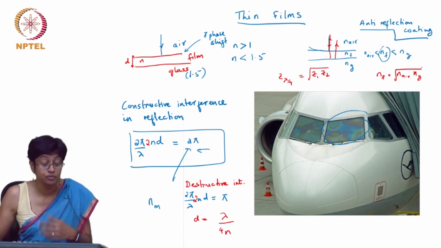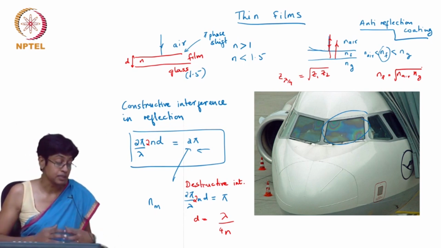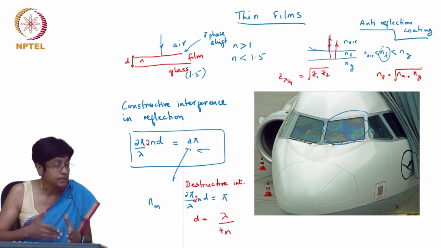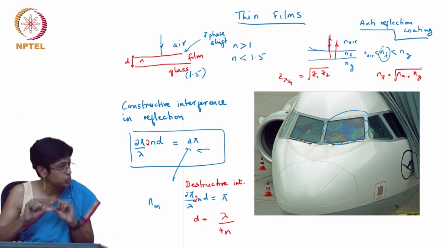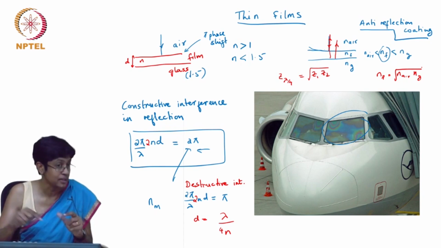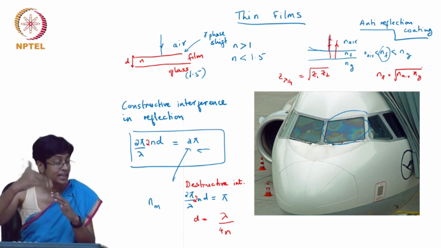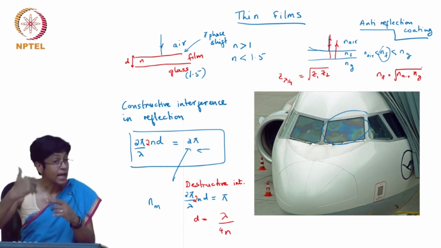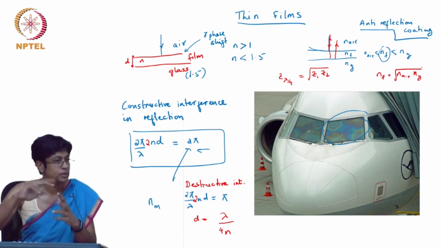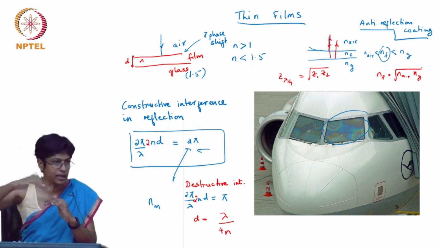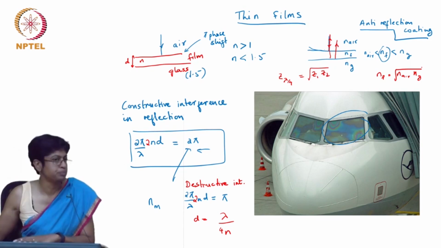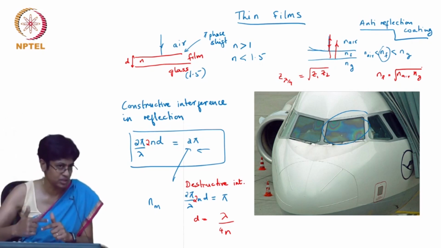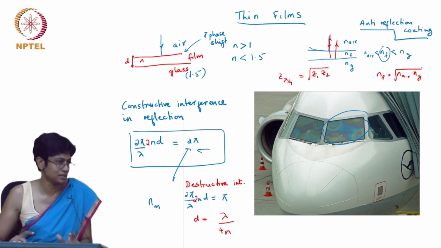So, you will find that in applications where you really need very high levels of anti-reflection, they won't use one single thin layer coating, they'll use a stack, and they'll have n1, n2, n3, n4, with alternating refractive indices: low, high, low, high, low, high, and they will be able to achieve perfect 0 reflection from this stack of thin films, not from a single thin film.